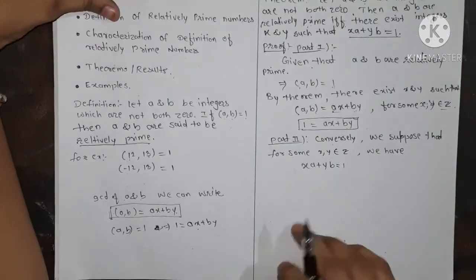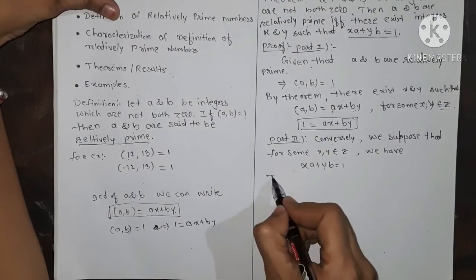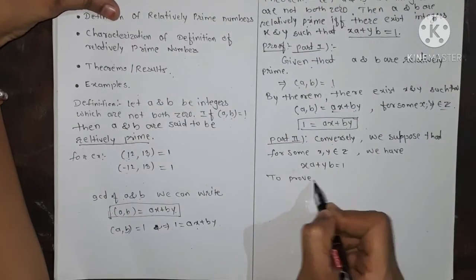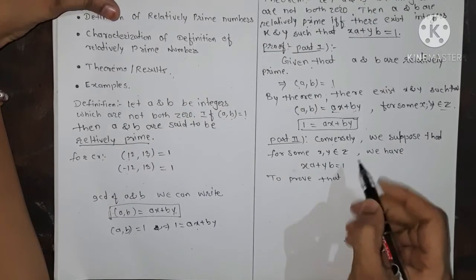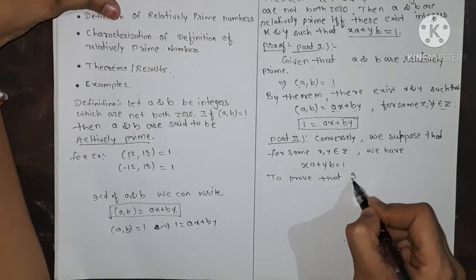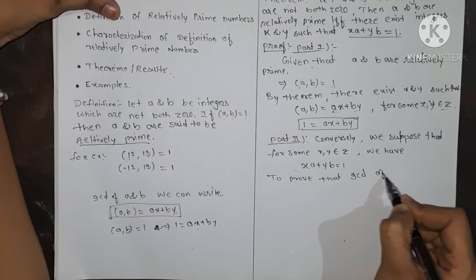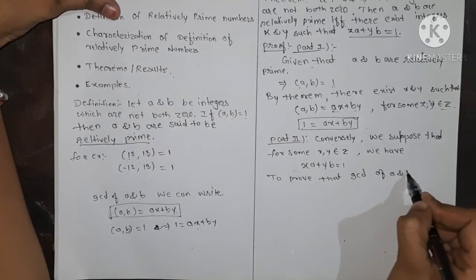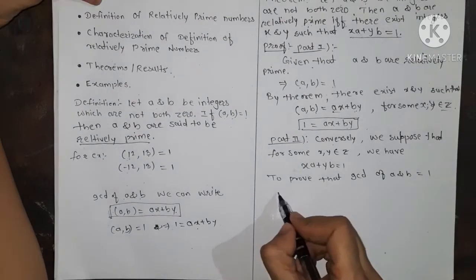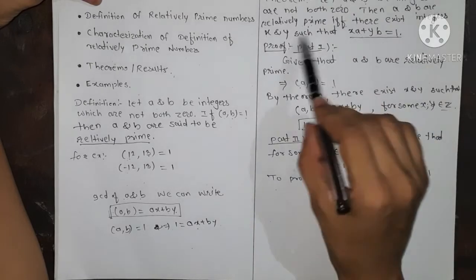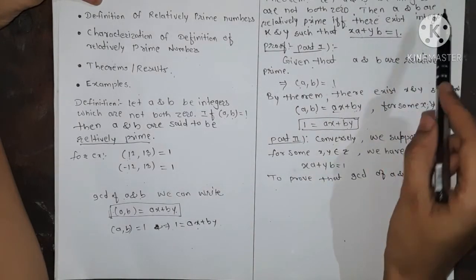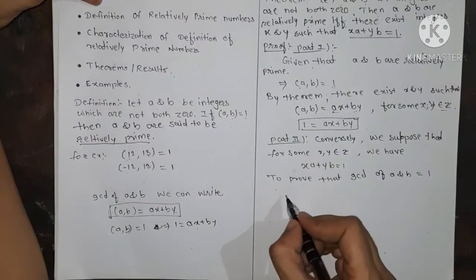Okay, this is given. Now to prove that the GCD of a and b equals 1, that is, we have to prove that a and b are relatively prime.